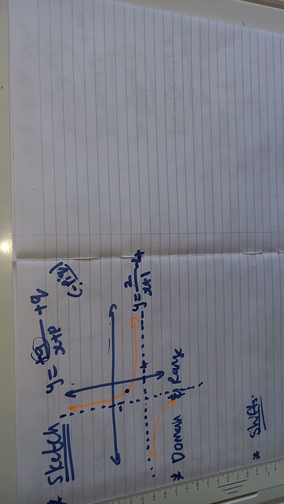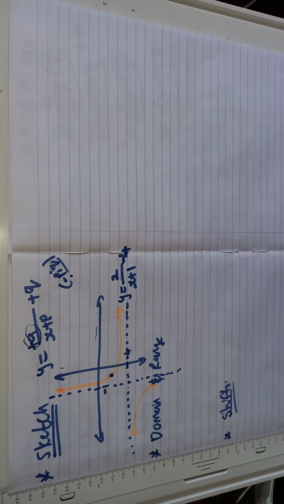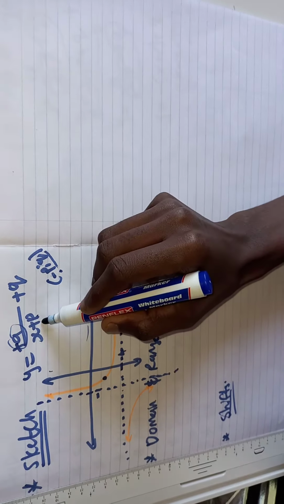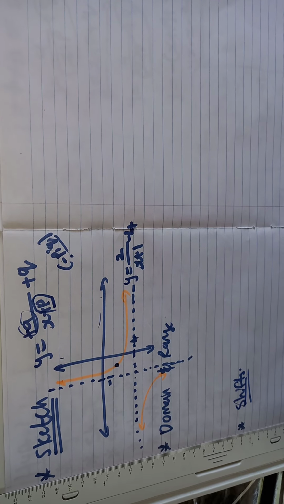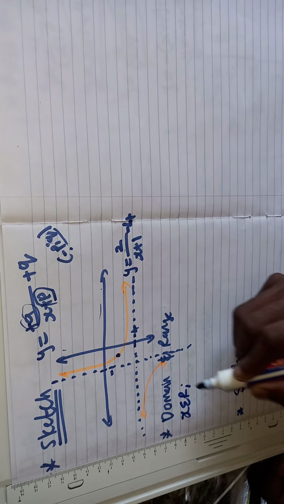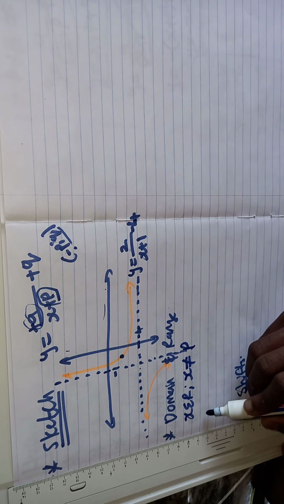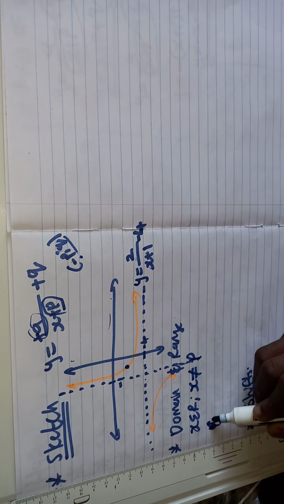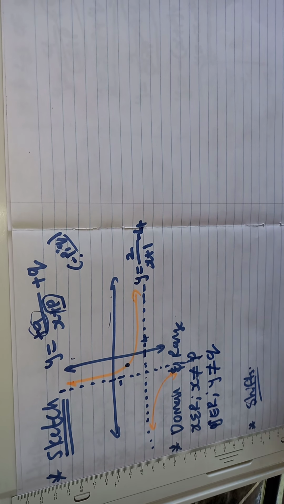Okay guys, now we're going to focus on domain and range. As I've said, this is how we sketch our graph. For the domain, we look at our value of p. Domain means we're looking for values of x which our graph doesn't touch. Don't forget that x is an element of the real numbers, but x must not touch our p value. For range, we're going to focus on the y-axis.